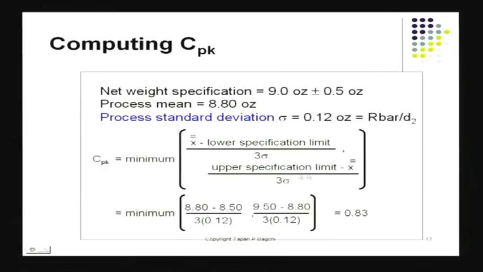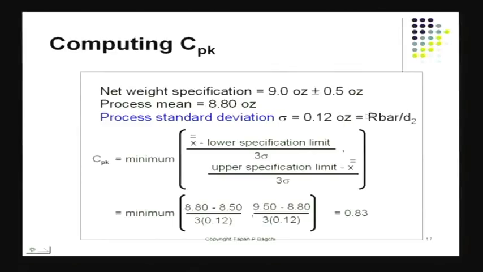And if I show you a calculation, here's a little calculation. I use the same data that we had before. My tolerances were given as 9.0 plus or minus 0.5 ounce. Process mean, this is the X double bar, turned out to be 8.80 by actual measurement. Process standard deviation turns out to be sigma, which is 0.12 ounces.